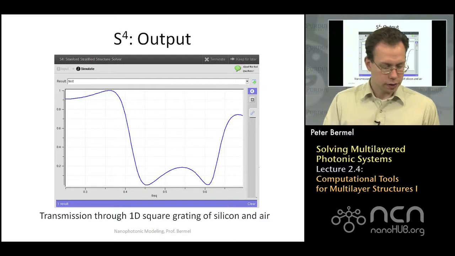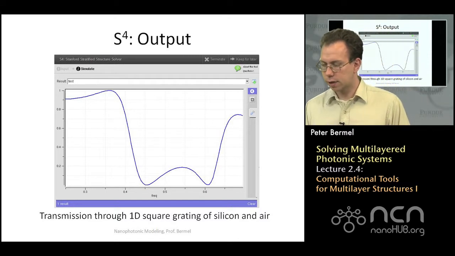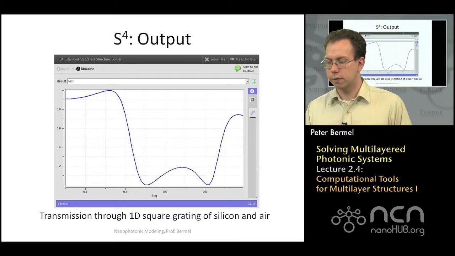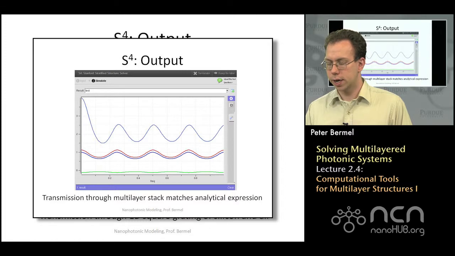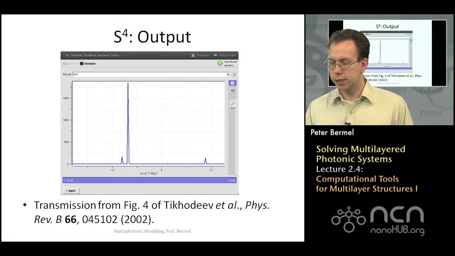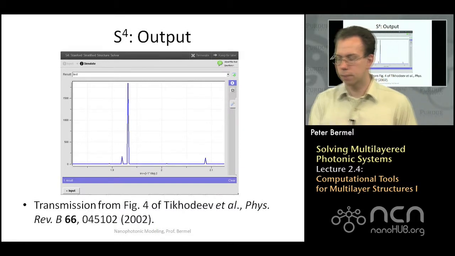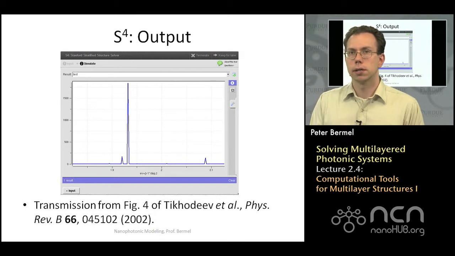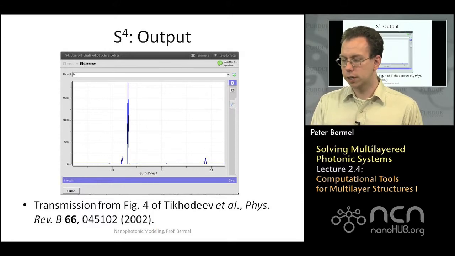So you have those two options in some sense of how to target your calculation, either the refractive effects or the diffractive effects. Of course, you can also combine those two if you want to do something more challenging. This is an example from one of the original papers by Tikhodeev et al., which I mentioned was one of the two seminal papers setting up this whole method when it was first started.